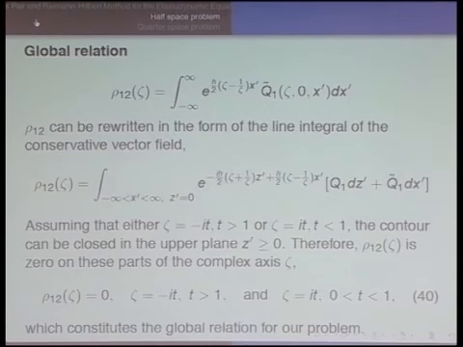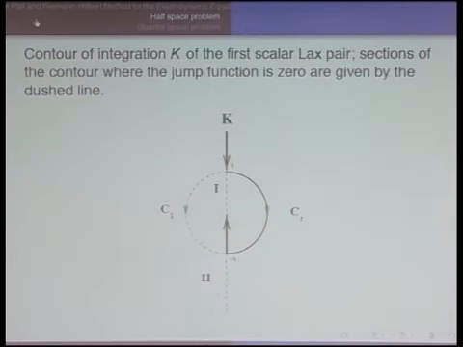Okay, next picture. I was talking about this part of the contour. I have not mentioned this circular part of the contour K. And the global relation tells us nothing about this circular part. And for some while, it was a kind of a stopping point in this solution, because we just did not know what to do with the circular part of the contour.